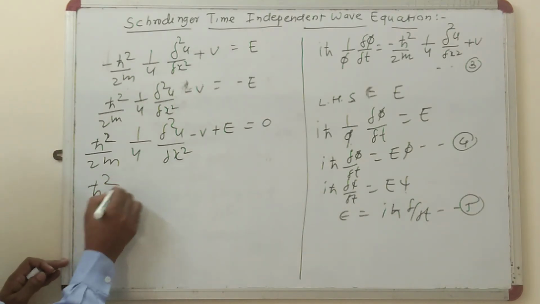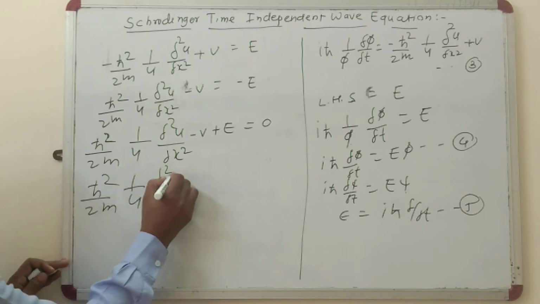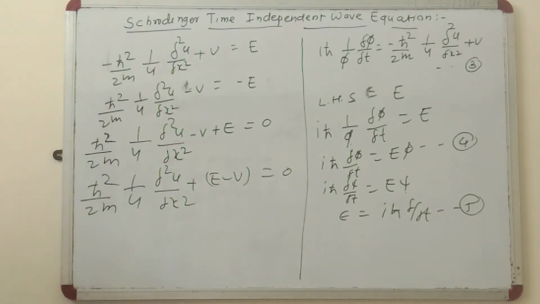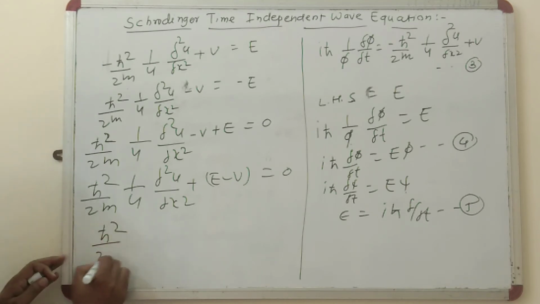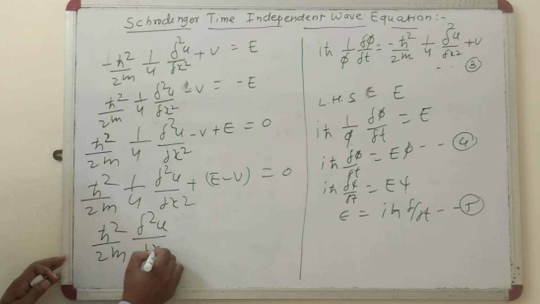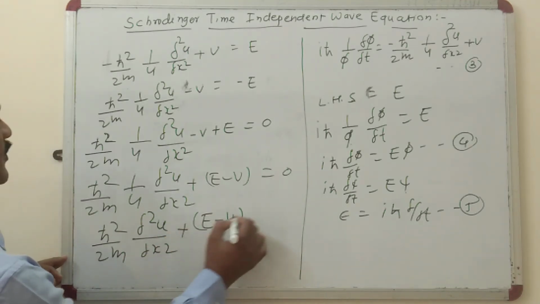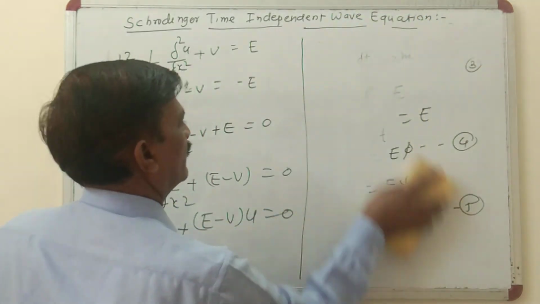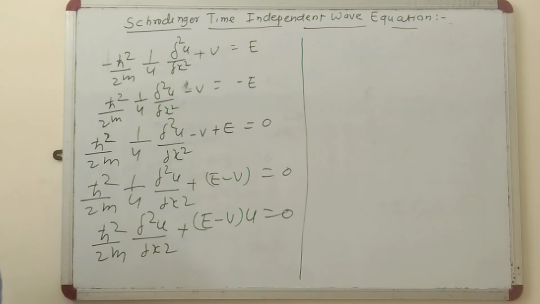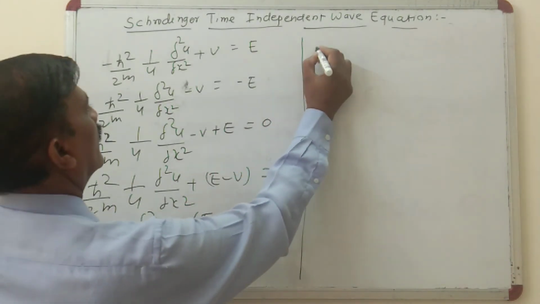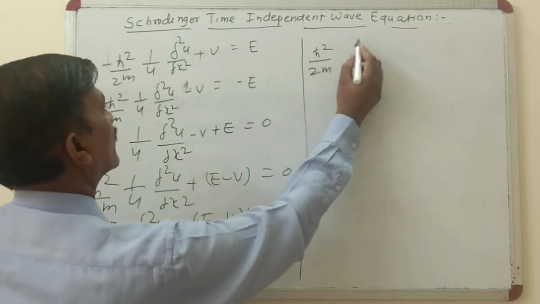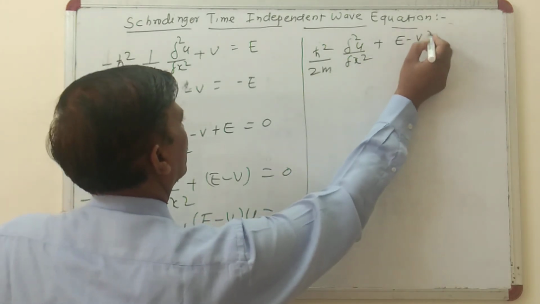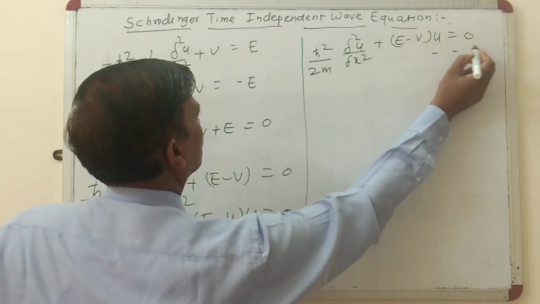That is, ħ²/2m (1/u) ∂²u/∂x² + (E - V) = 0, that is, ħ²/2m ∂²u/∂x² + (E - V)u = 0. This is equation number 6.